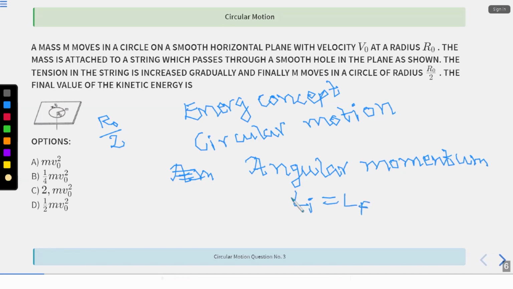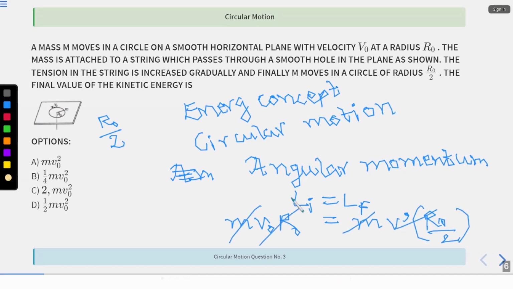Initially it was m v naught r naught, and finally it is m v dash, we don't know the velocity yet, times r naught by 2. Okay, so with this, m gets cancelled, r naught cancels, and you get v dash equal to 2 v naught. Okay, so you got this.